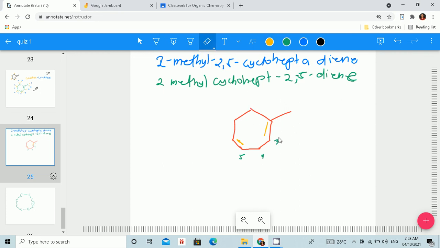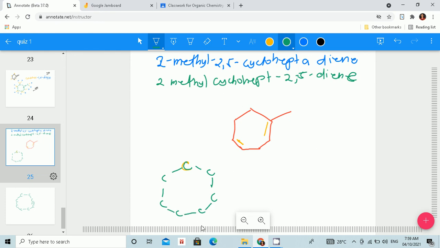This one is our cyclo 2-methyl cyclohept 2,5-diene. Okay, now let's write our complete structure. So we have that one. You have C here. We have C, then C, then C, and then C, then C again, then C again.